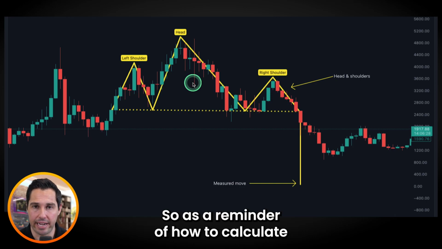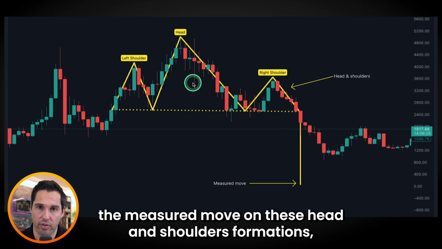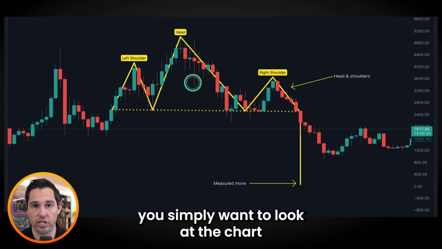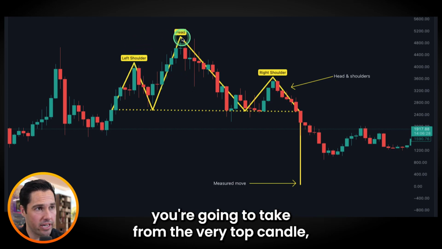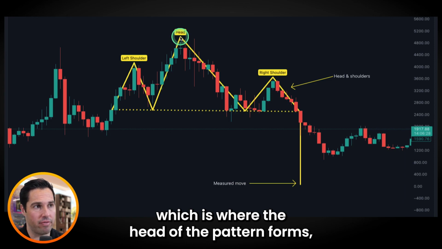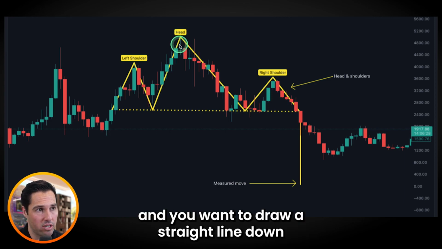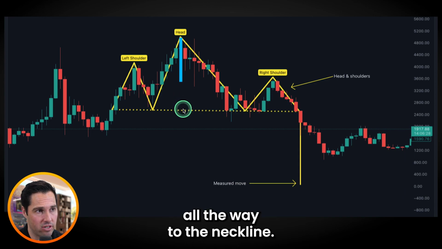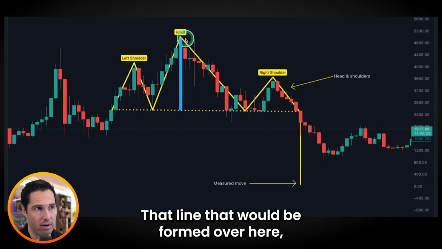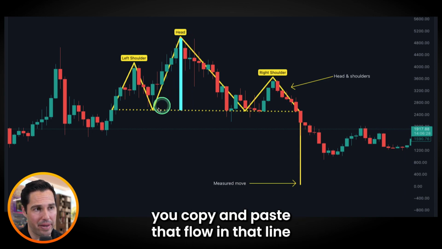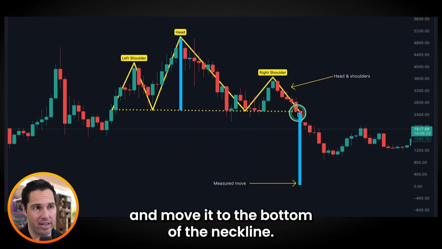So as a reminder of how to calculate the measured move on these head and shoulders formations, you simply want to look at the chart. You're going to take from the very top candle, which is where the head of the pattern forms, and you want to draw a straight line down all the way to the neckline. That line that would be formed over here, you copy and paste that, clone that line, and move it to the bottom of the neckline.